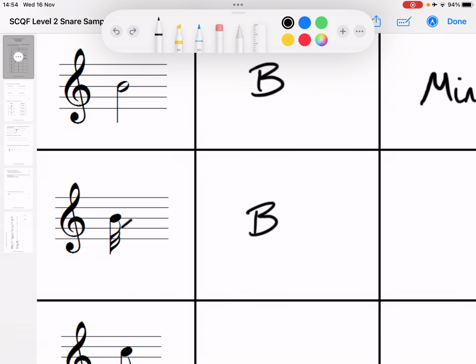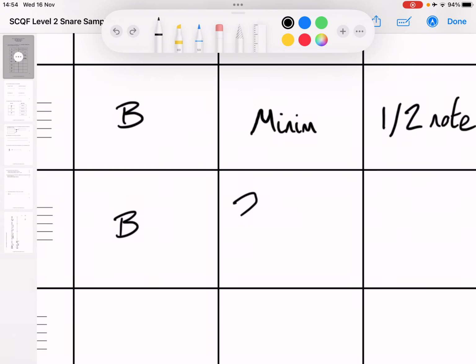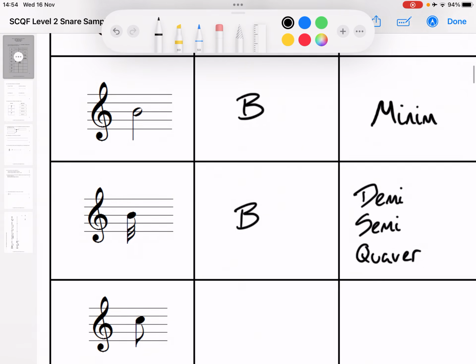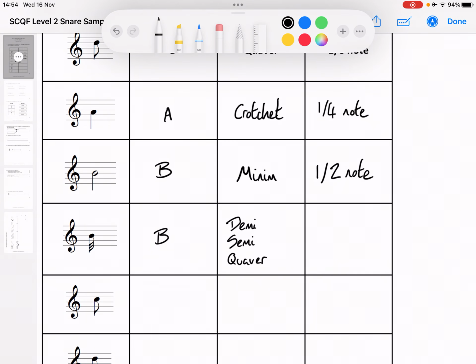So it's going to be a demi-semiquaver. So we can write that in. D for demi, E for emi, M for me, demi, semi quaver, and the fractional value of the demi-semiquaver is a 32nd note.